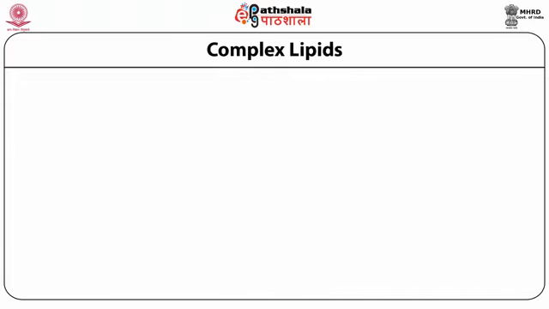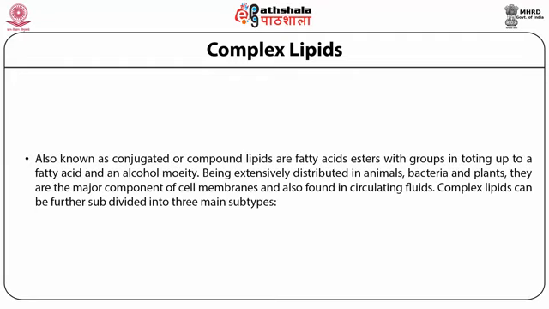The complex lipids, which are also known as conjugated or compound lipids, are the fatty acid esters with groups in addition to the fatty acid, and an alcohol moiety is present.